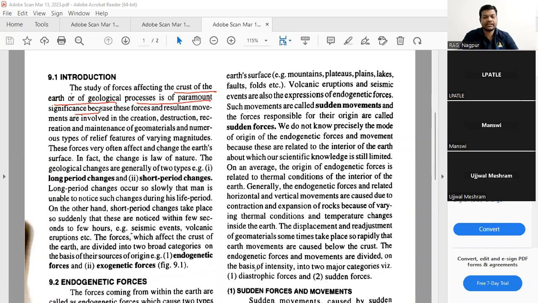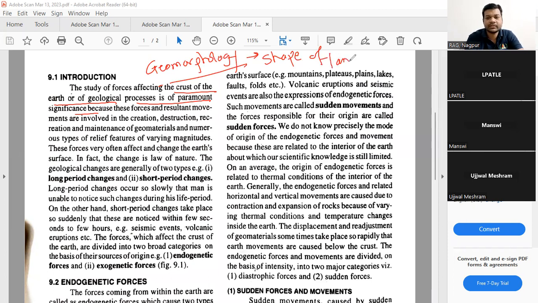Geomorphology, right? This subject of geomorphology is entirely based on the shape of land features. Okay, this is nothing but the shape of land features.